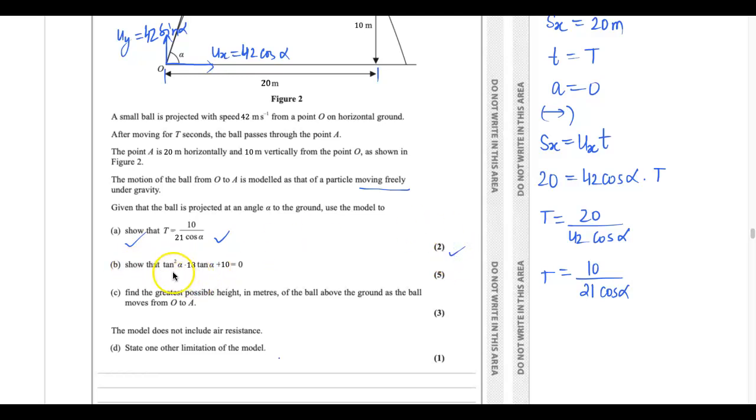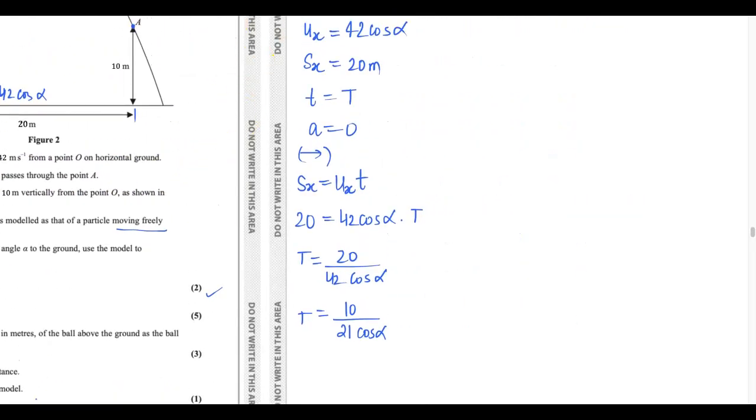Now for the second one, we have to show tan squared alpha minus 18 tan alpha plus 10 equals 0. This is minus over here. Okay, so that was A part and this is B part. Let's take vertical components. So uy is 42 sin alpha. Sy, the vertical distance, is 10 meters.